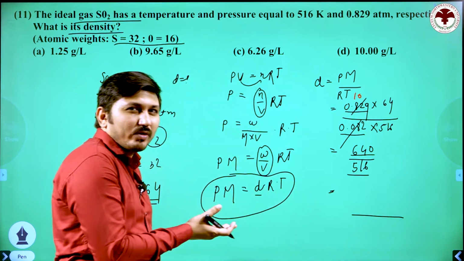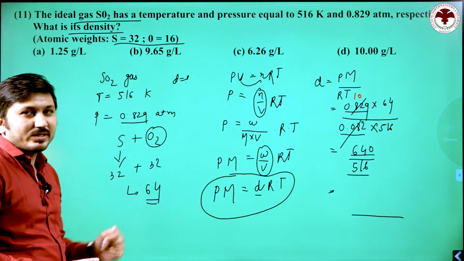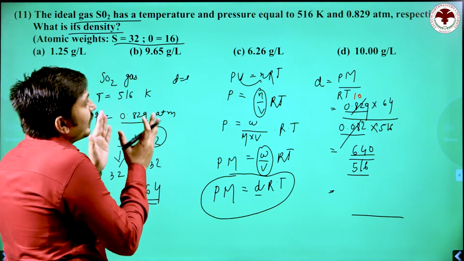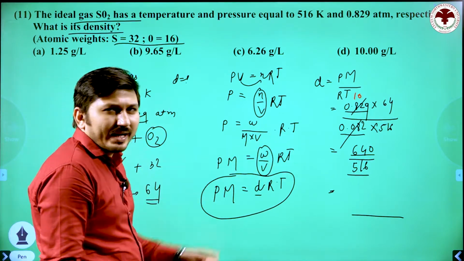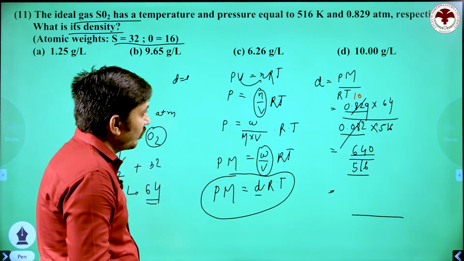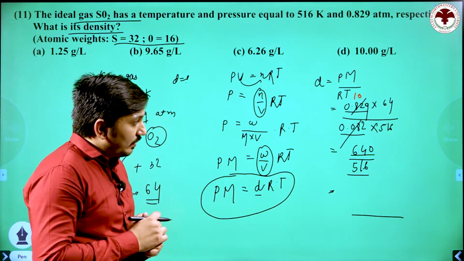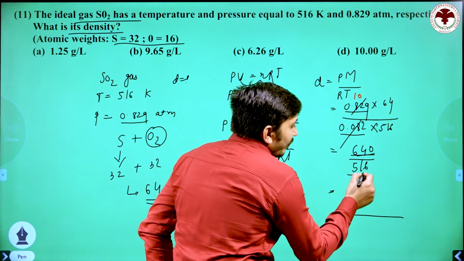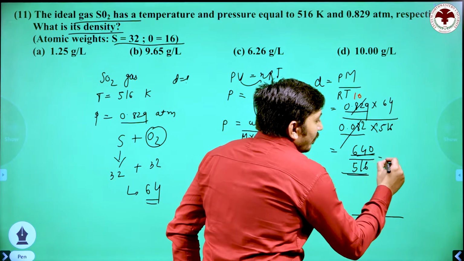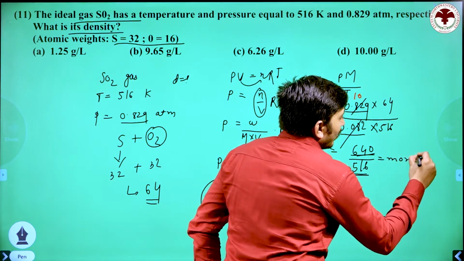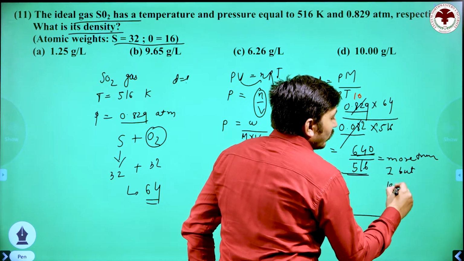There is no need for full calculation because we already have 4 options, and we only need to tick the right one. Why? Because 640 divided by 516, the answer would be more than 1 but less than 2.